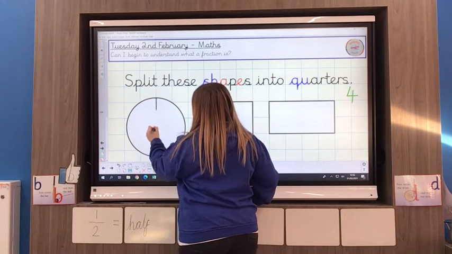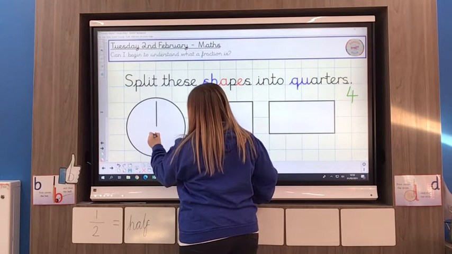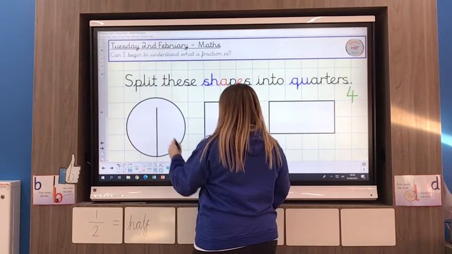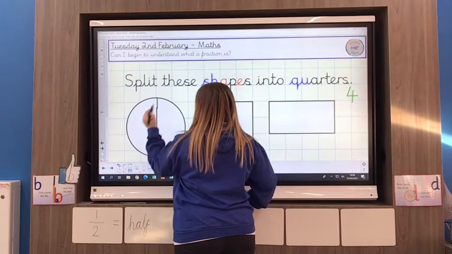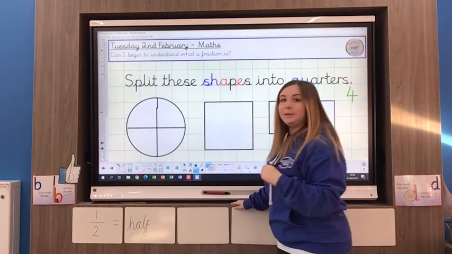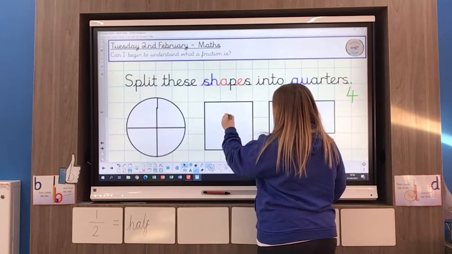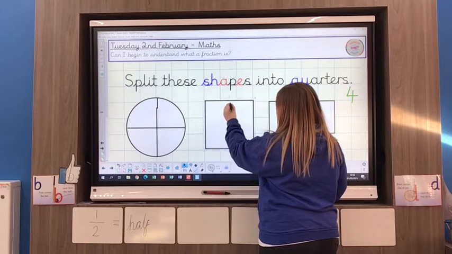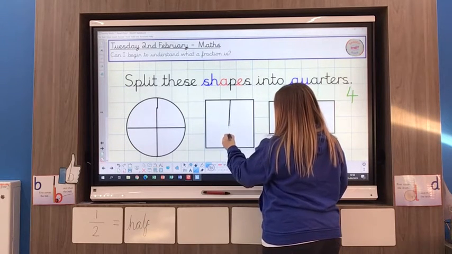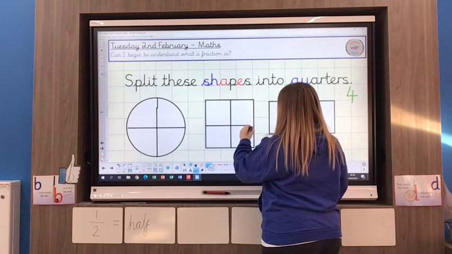Now I know from my other diagram that we split into 4 on a circle. We go down here. And then we go across here. Okay, so that one's split into quarters. Let's have another go for the square. So let's go straight down and across.